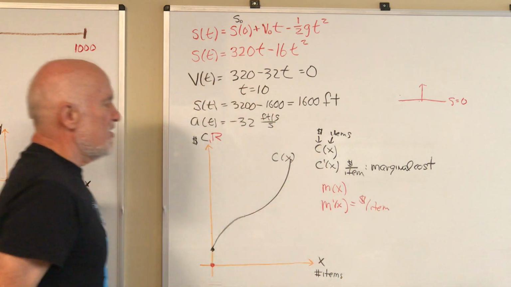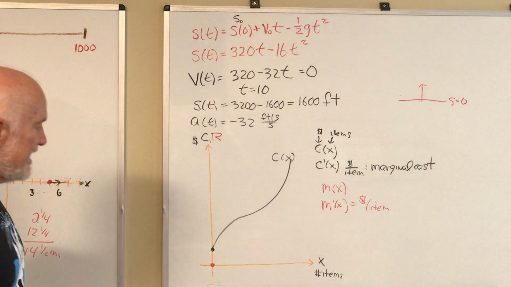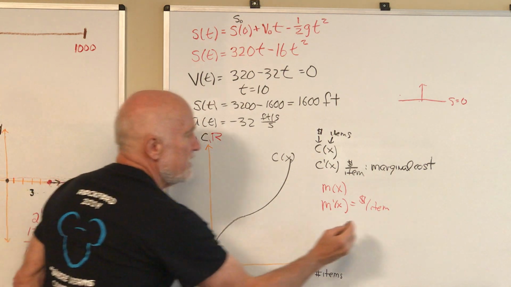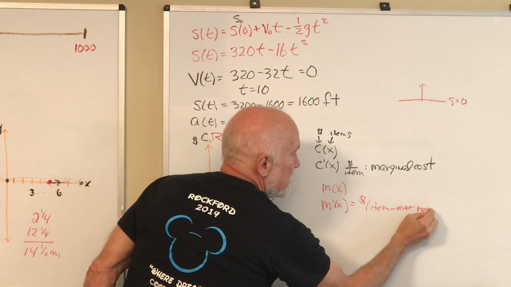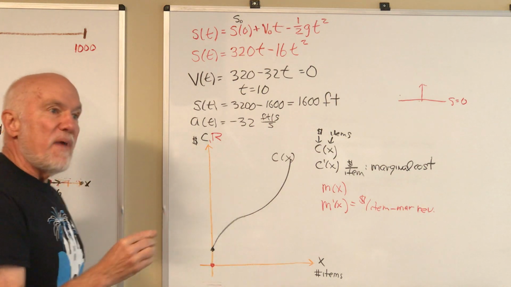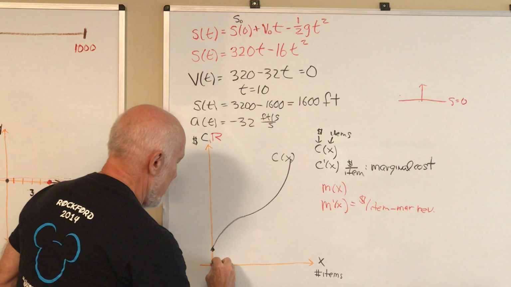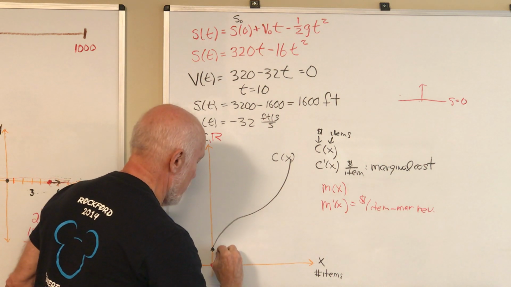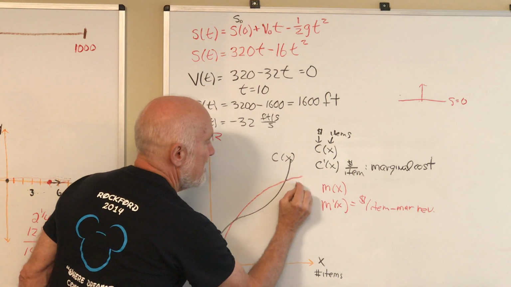You're going to be able to sell that first item for quite a bit because everybody wants to buy it. So you're going to have a steep marginal revenue. So at the very beginning, it's going to be steep, but the more you make, the less you can make per item. So a typical revenue curve might look something like this.